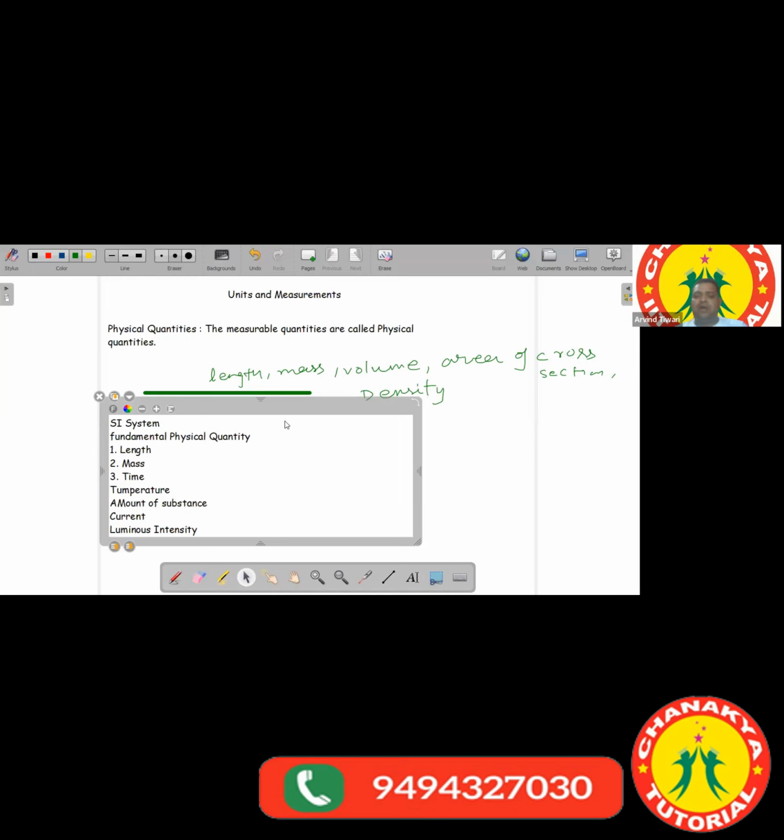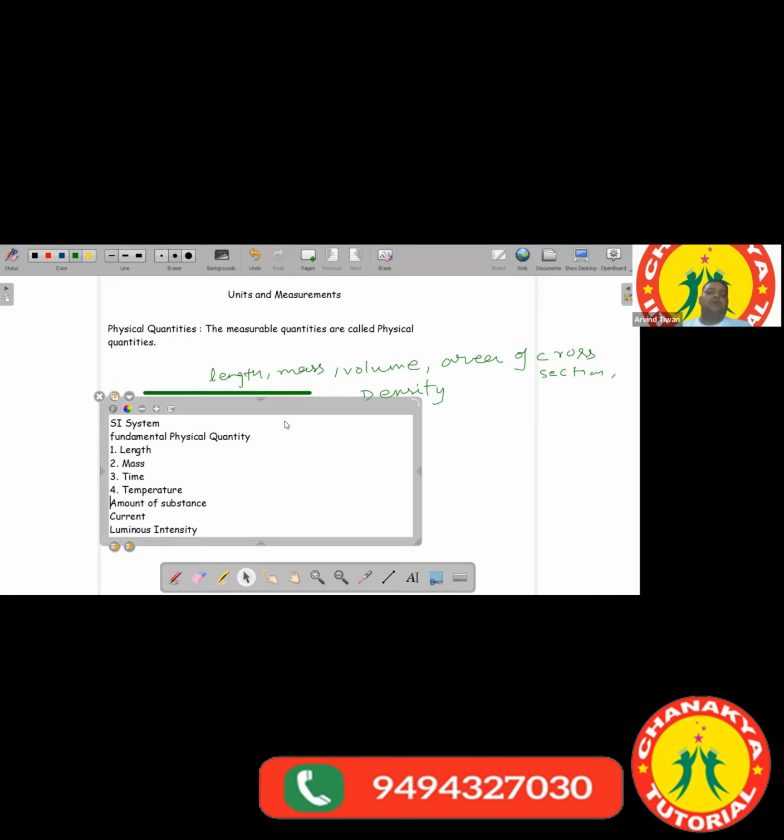We can express density in terms of mass and volume, right? But these fundamental quantities cannot be expressed in terms of any others. Therefore, these quantities require some standards. They require their definitions.